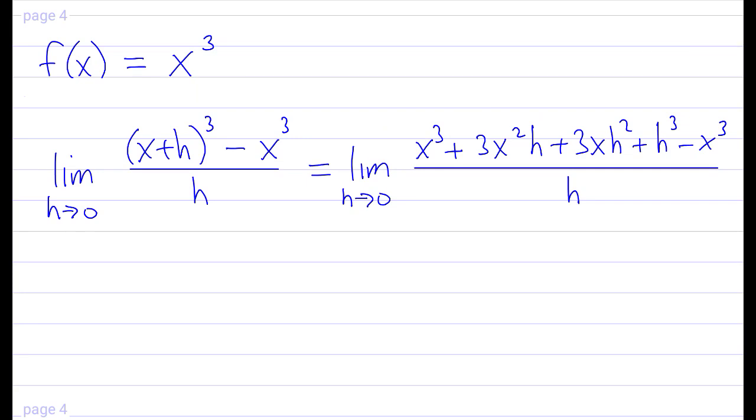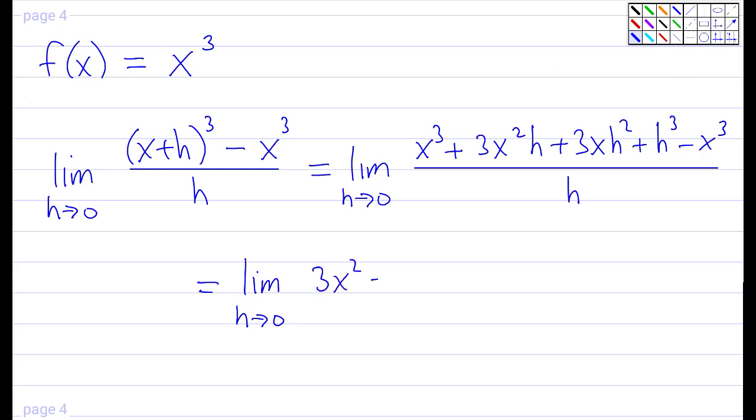Okay, once again, x cubed here cancels x cubed here, and I can divide each one of the remaining terms by a single power of h, and I'm going to get limit h goes to 0 of 3x squared plus 3xh plus h squared.